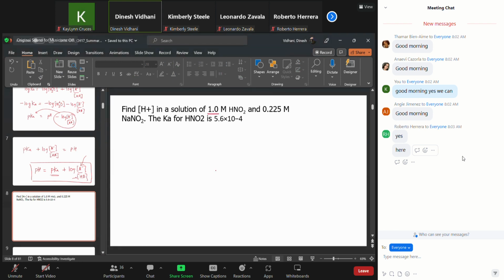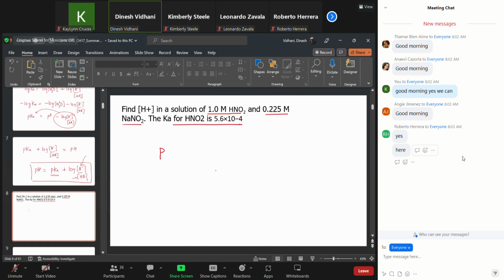We have been provided the concentration of nitrous acid, which is 1 molar. We have been provided the concentration of its salt, the salt of a weak acid, which is 0.225 molar. We have been provided Ka for nitrous acid.